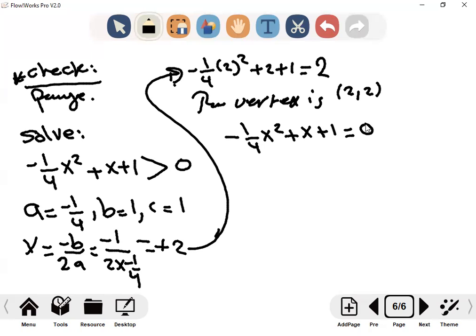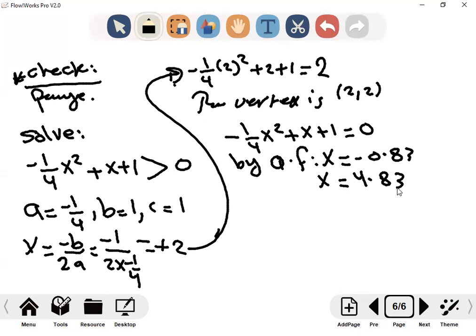X equal minus b plus minus square root of delta over 2a. We did that too much. So by the quadratic formula, the values of x will be negative 0.83 and x equal 4.83. We have two values, right?